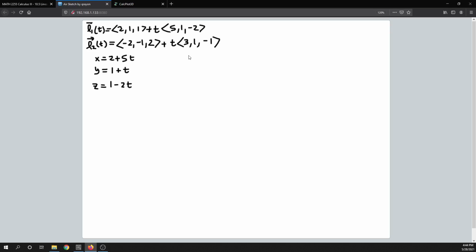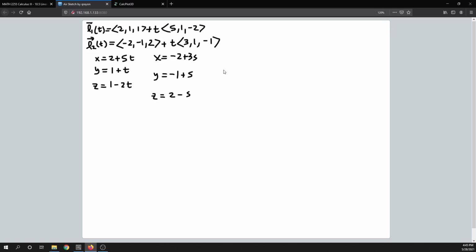Okay, so I'm going to use s, and that seems pretty common that people use s here. x equals negative 2 plus 3s. y would be equal to negative 1 plus 1s. And z would be equal to 2 minus s right here. So just pretending like this is an s for the time being.